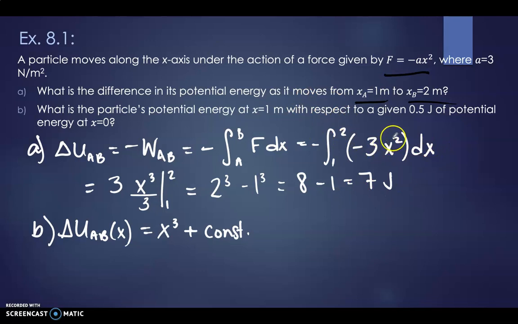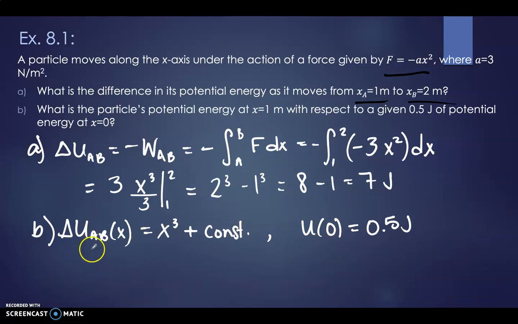Now we know that at U of 0 it equals 0.5 joules. So we'll use this in order to solve this problem here.